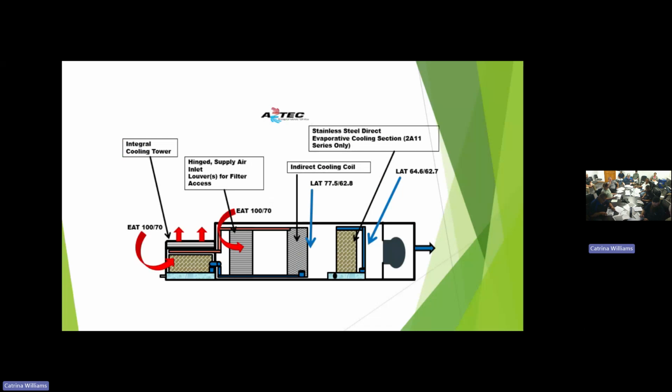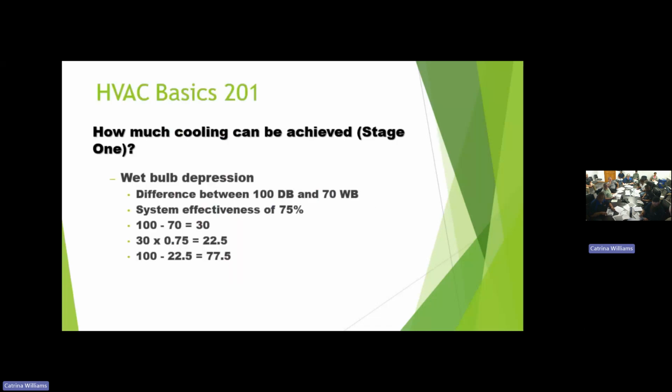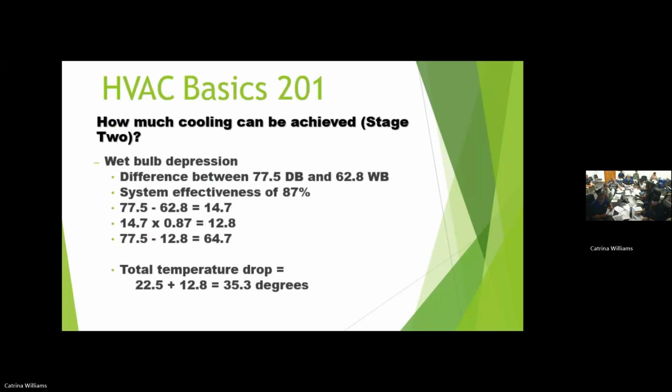So let's look at the start again. Here's stage one. We've been through that. And stage two, at a 0.87 effectiveness, we dropped it up to 14.7 degrees.